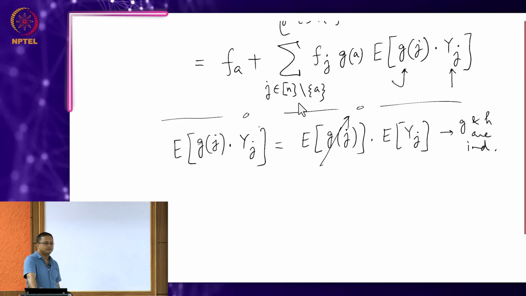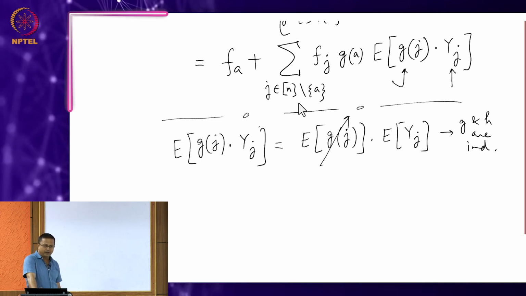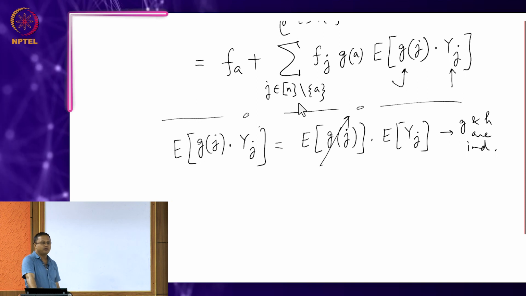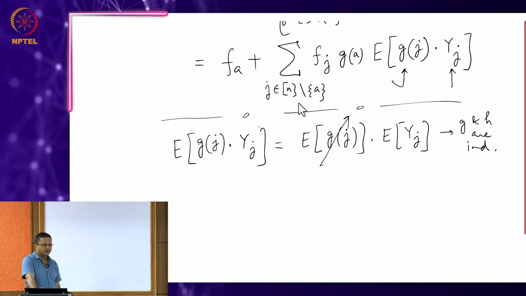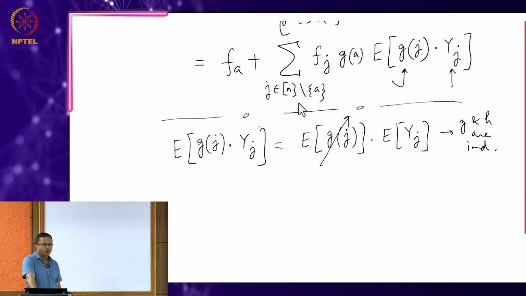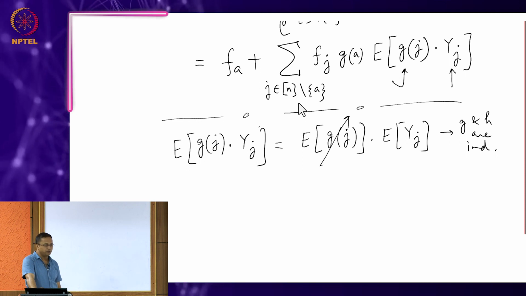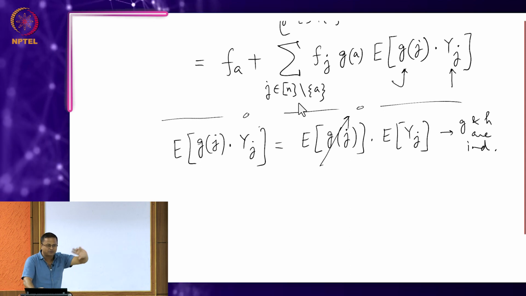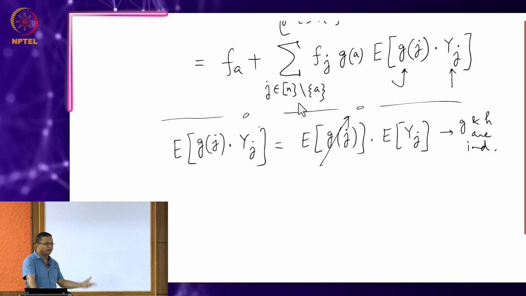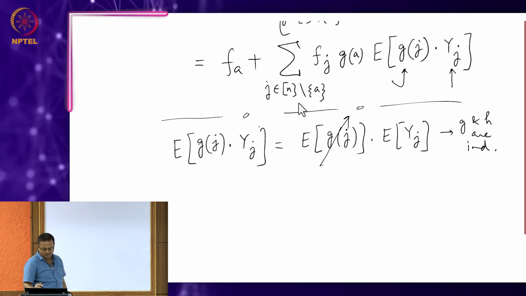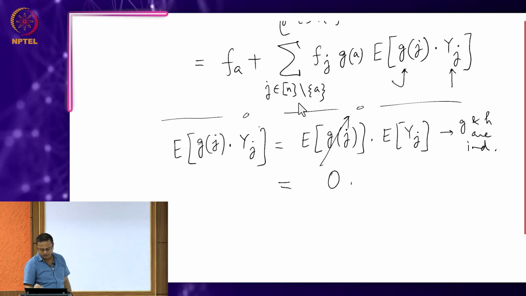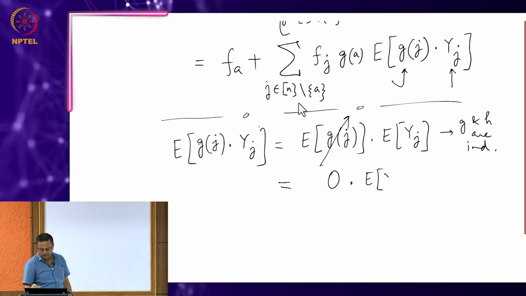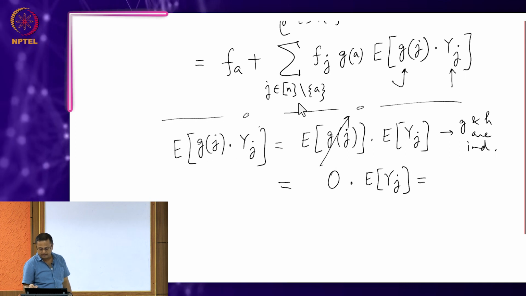g was a random hash function between +1 and -1. So, it was spreading all elements j in your universe uniformly to 2 locations, plus and minus 1. So, you add them up, that is your expectation. So, this is 0. Whatever this expectation of yj might be, this entire quantity is 0.